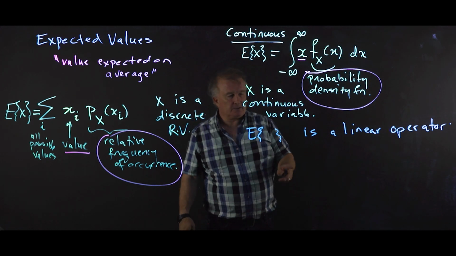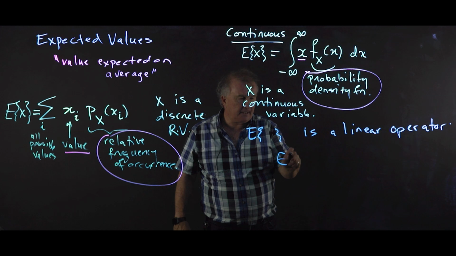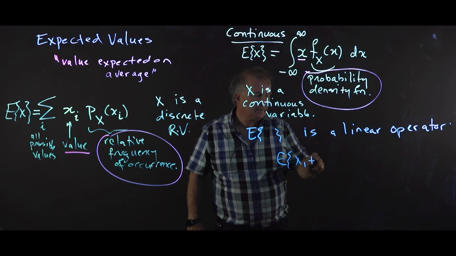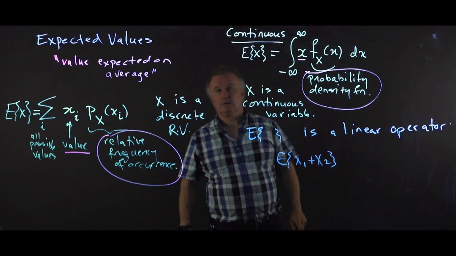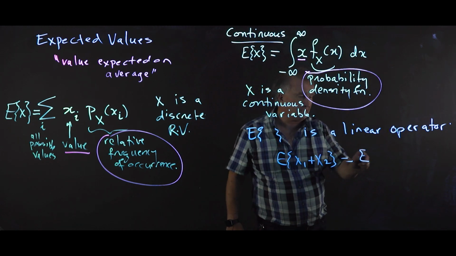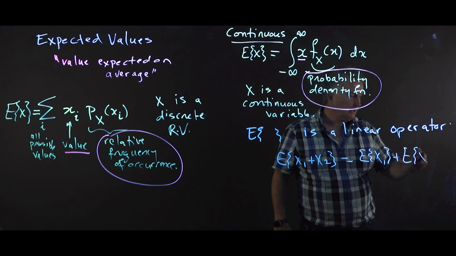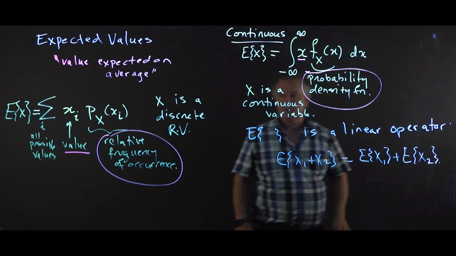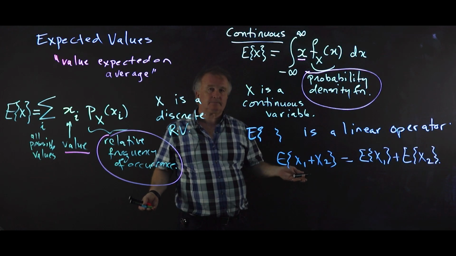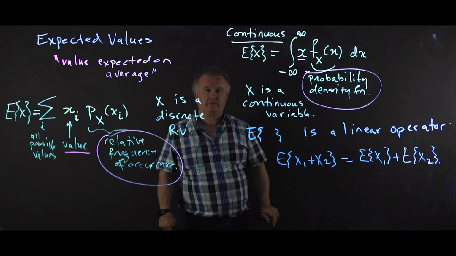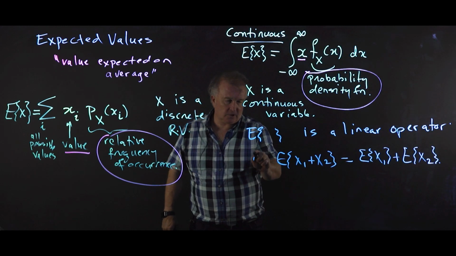What this means is that if I take the expected value of a sum, that's equal to the expected value of x1 plus the expected value of x2. So the expected value of a sum is the sum of the expected values. That's the first property.